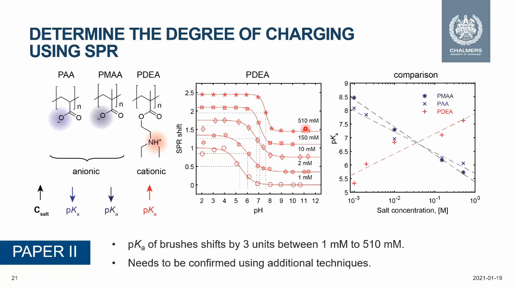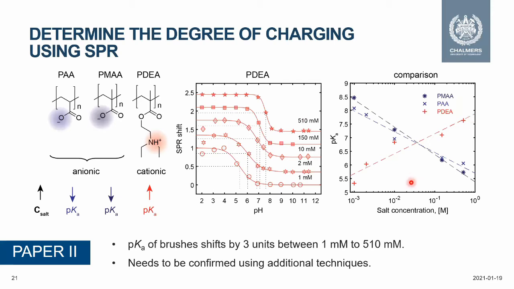By examining the pKa of both anionic and cationic brushes, we see that this is a general feature of pH responsive brushes. For anionic brushes, the pKa decreases with increasing salt concentration, and the opposite trend is observed for the cationic brush.